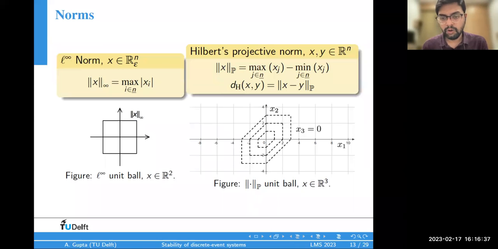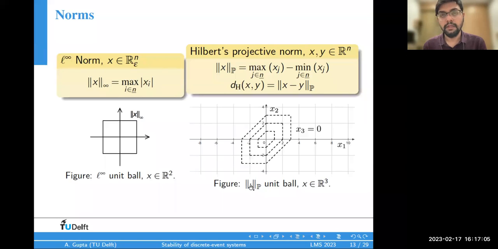This might not be a norm in the regular space, let's say R3, but under certain conditions, it can act as a norm on the projective space. So I project R3 onto R2, let's say by considering x3 equals 0, and I can then draw the level sets, and use it as a norm.